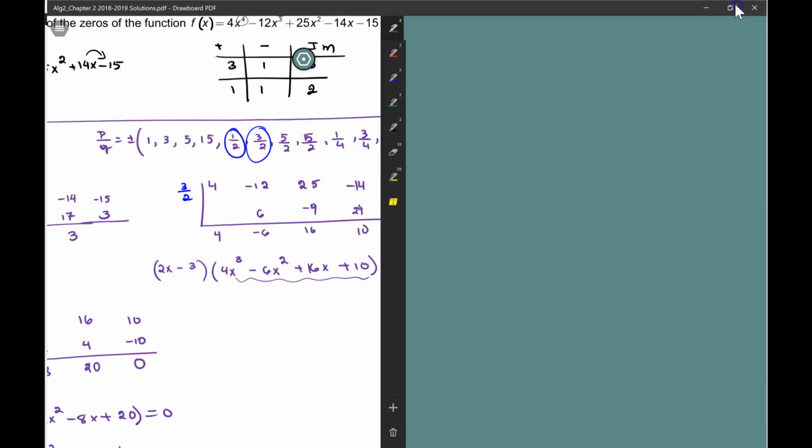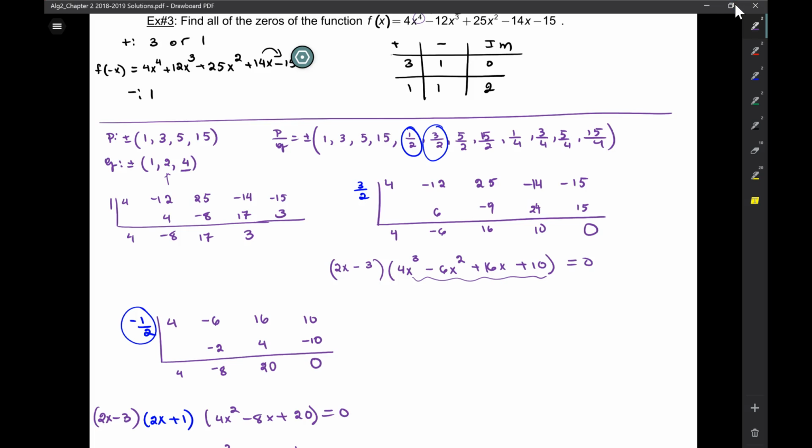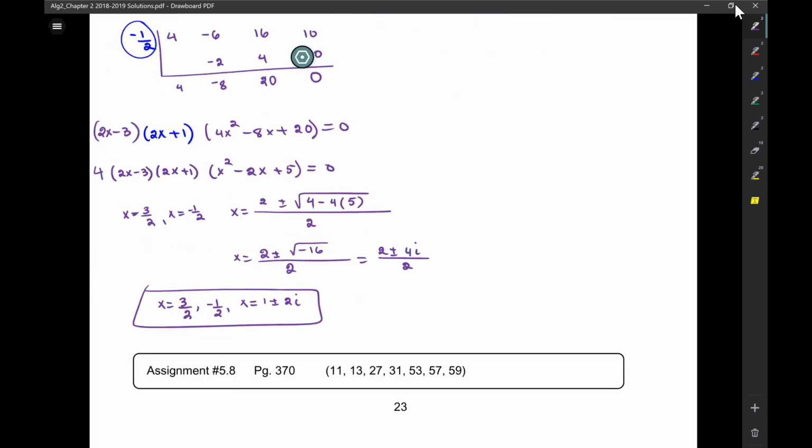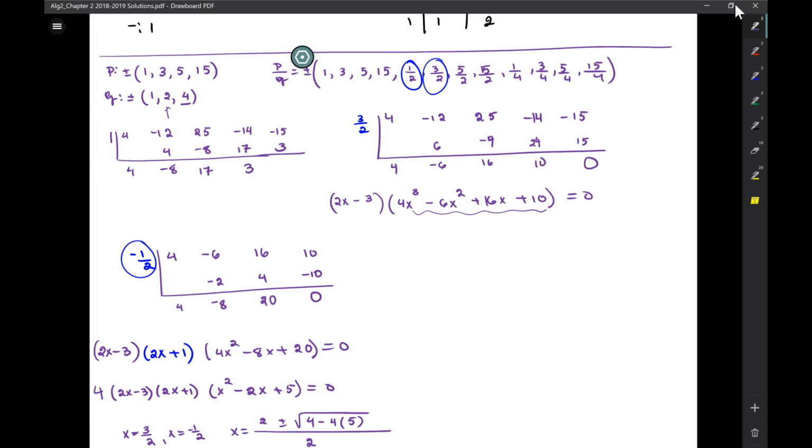Now listen though. It's always important for me that you are able to do these without a calculator. So when you have that many choices, you're allowed to use your calculator. However, do you see how much work is shown here? Just because you use your calculator does not mean that you can leave any part of this work out.